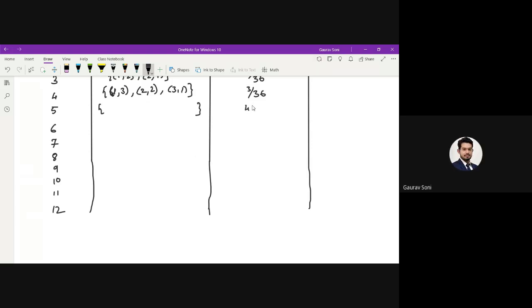Saurav, now wait, let me call out the names and see who are actually attentive or not. Fine, sir. For 6 it is Manas. Manas not there.